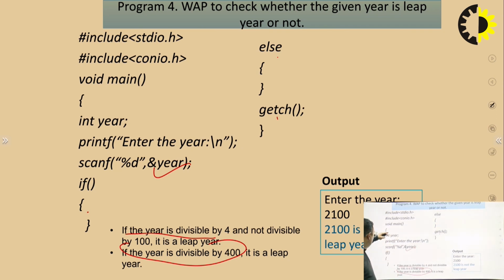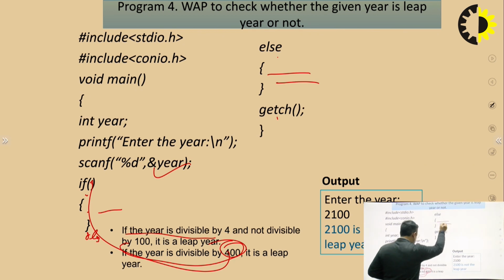So here it is our choice to put this divisible by 400 condition here, right, and print directly that it's a leap year, and in the else have different conditions for 4, right, for 4 and for 100.